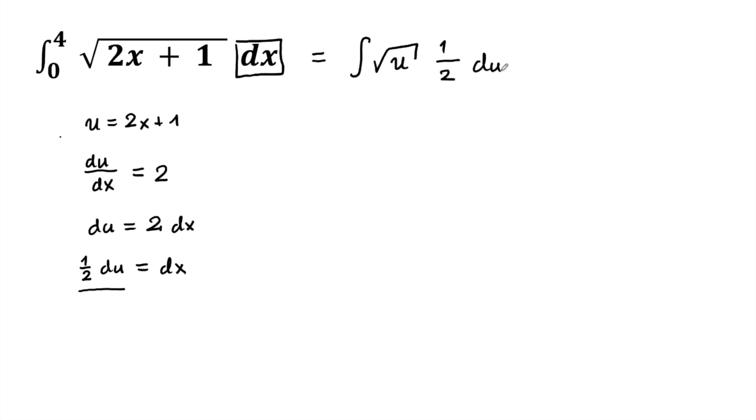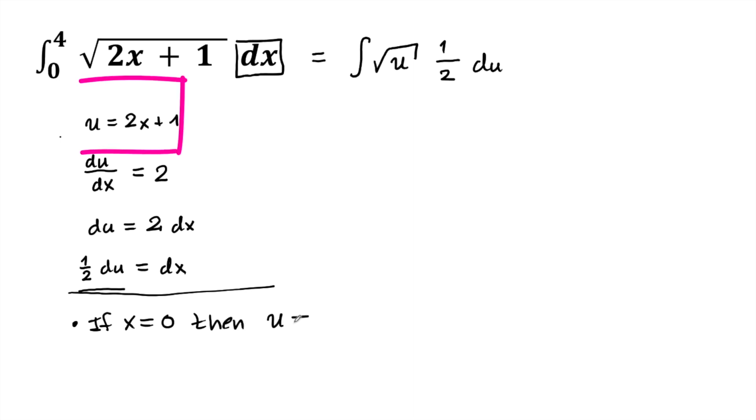Now let's see the bounds of integration. So the first one is 0, and if x is 0, then let's see what the corresponding u will be. Well, if x is 0, then this is 2 times 0, and then plus 1. So u is going to be 1.